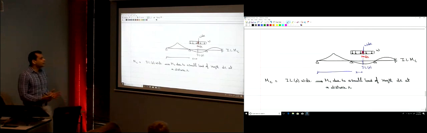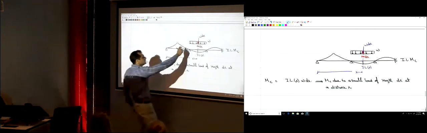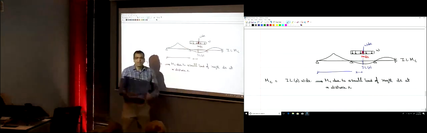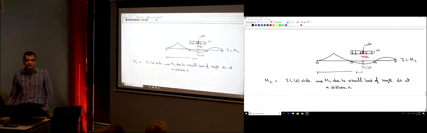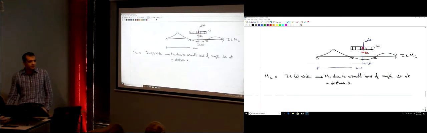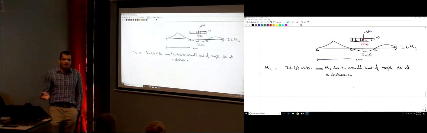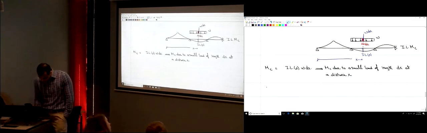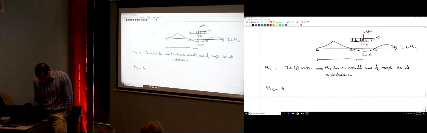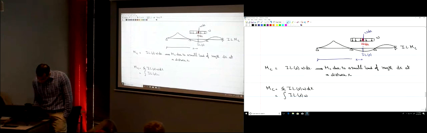But now you have to divide all this load into small parts and then add them together. What's the addition for those very, very small parts in calculus? Addition in calculus becomes integration. So MC would be the summation of all the small parts, which turns out to be the integration of the influence line times W dx.